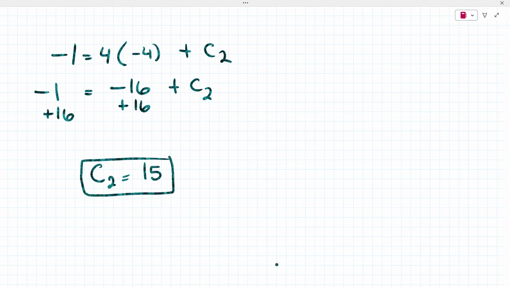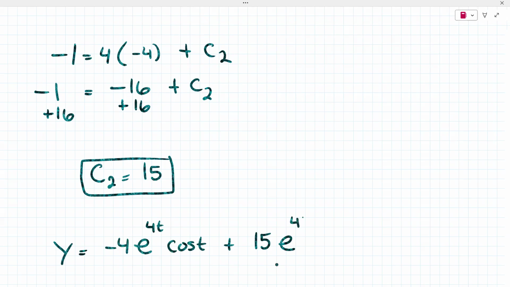So my final solution is going to be y equals negative 4 e to the 4t cosine of t plus 15 e to the 4t sine of t.